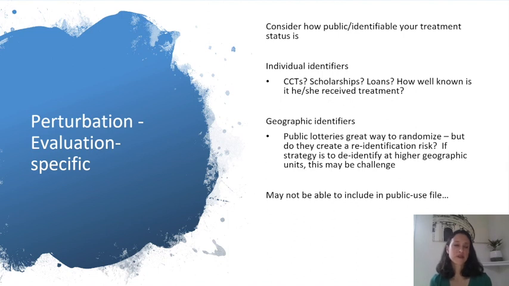The treatment status is only included in a restricted access file for cleared researchers who would only be working on that analysis for specific purposes. So again, it's a balancing act, but recognize that when you're dealing with program evaluation, treatment status can serve as another indirect identification risk.